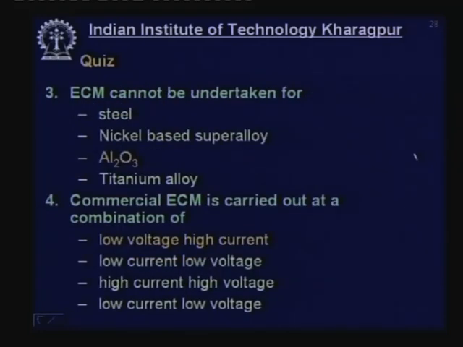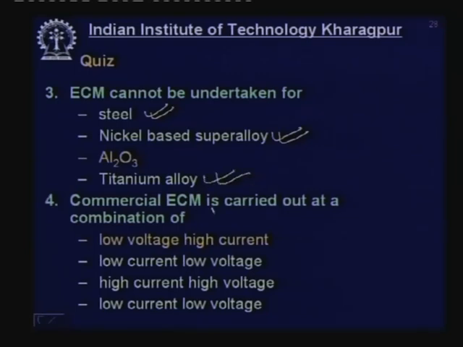Now, let us go to the third and the fourth question. ECM cannot be undertaken for, four options are given: steel, nickel based superalloys, aluminum oxide and titanium alloys. Out of those four options, steel is a metallic alloy and it conducts electricity, it is electrically conductive. Nickel based superalloys, though their thermal conductivity is very poor, are electrically conductive.